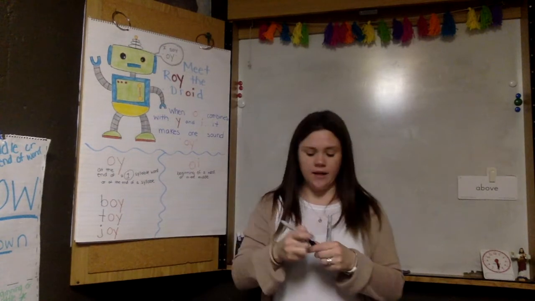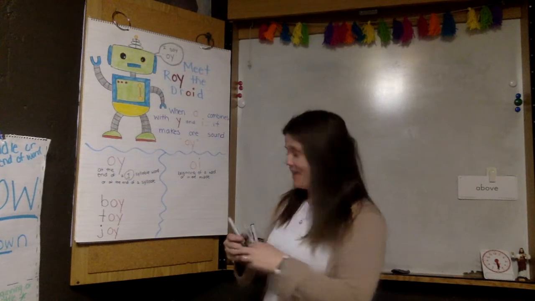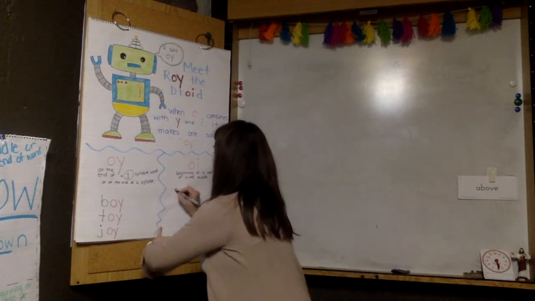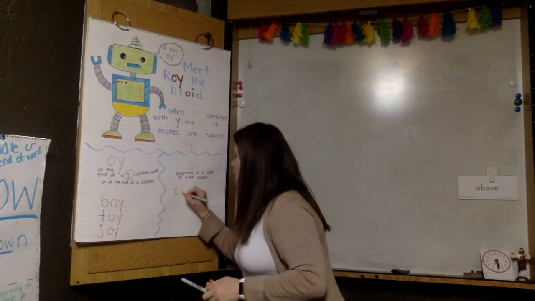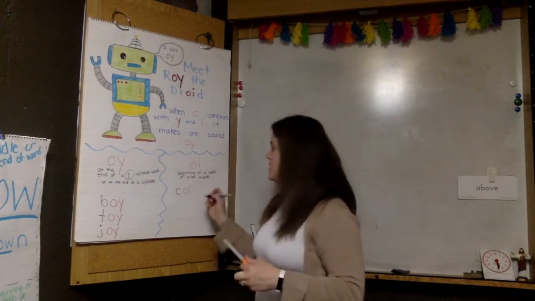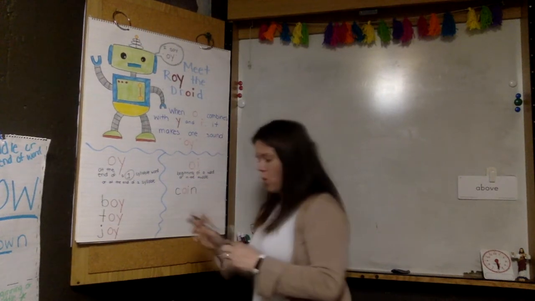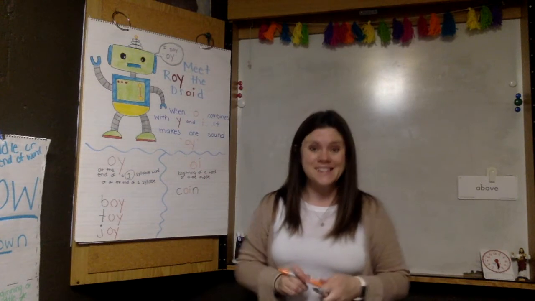Right, that OI, in the beginning of a word or in the middle. So we have the word coin. Coin. C says k, k, k. OI says oi. Coin. Like in math today, we're going to work with coins.